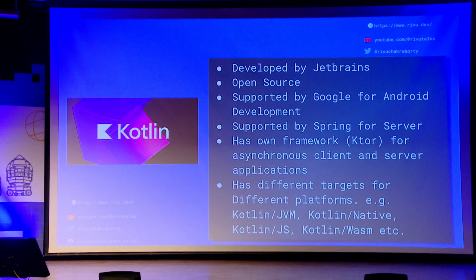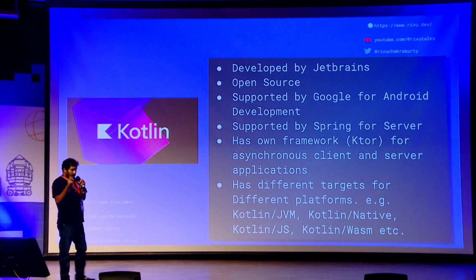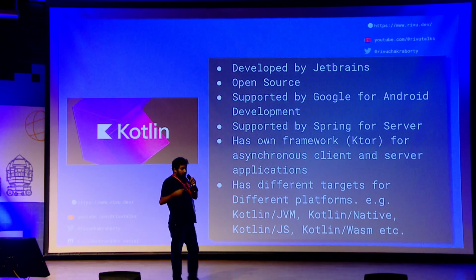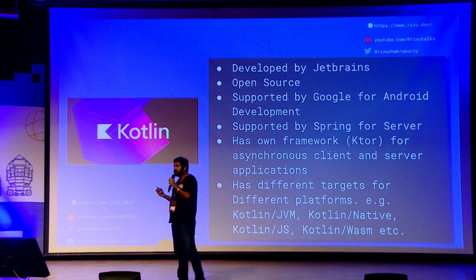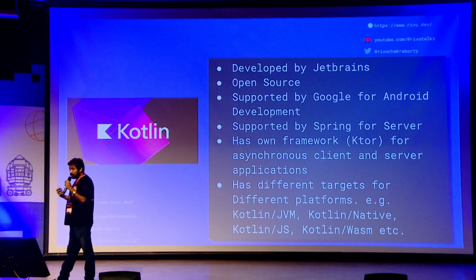It's just that Google supported it. In the same year Google supported it, July 2017, in January 2017, Spring, or VMware, announced their support for Kotlin. So you can use Kotlin for server-side development as well with Spring or their own framework called Ktor.